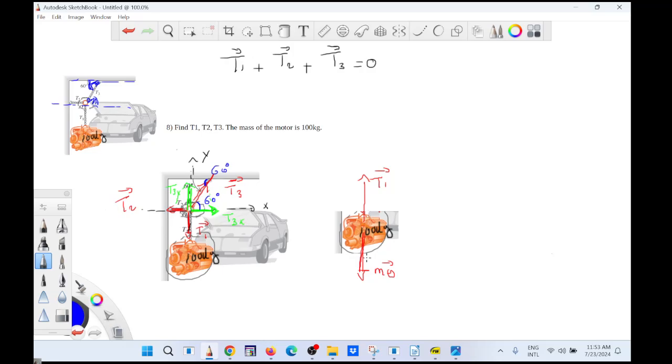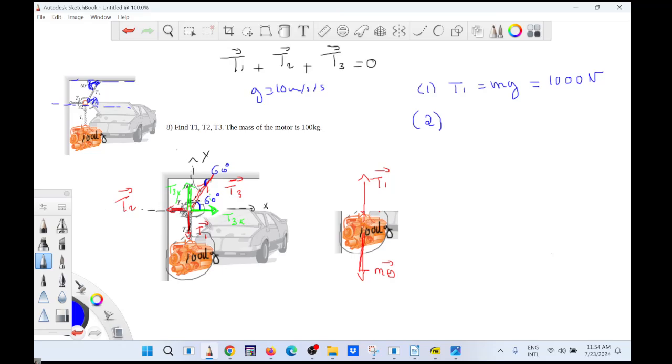So from this system here, my first equation, I'm going to have that T1 equals mg, or up equals down. So the mass, if I take g equals 10 meters per second squared, that's going to be 1000 Newton. Okay, and then second equation, I'm going to look along the x-axis.